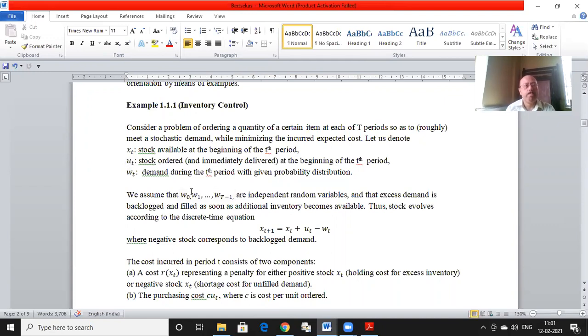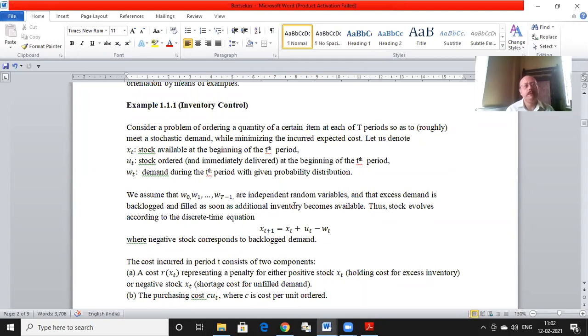The demand during the time period is wt, and this is where I assume that there is some randomness. And because it is random, I cannot anticipate it completely, but I have to keep a backlog and then make it up in the next period.